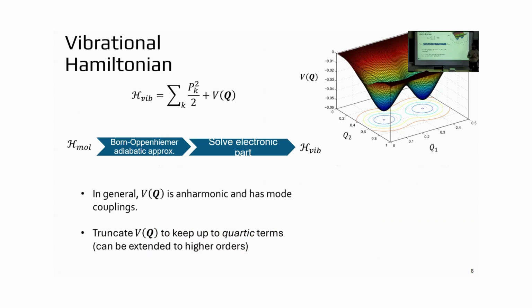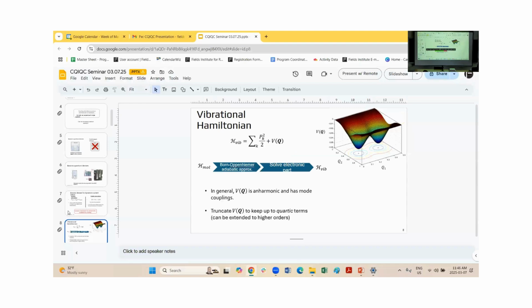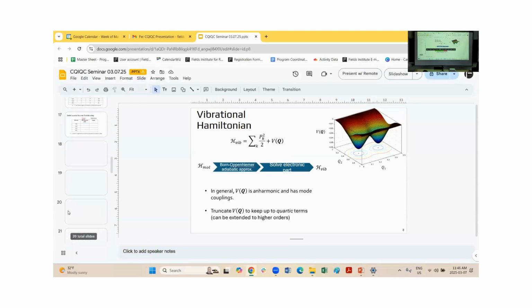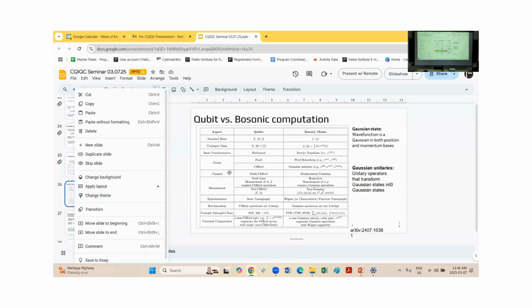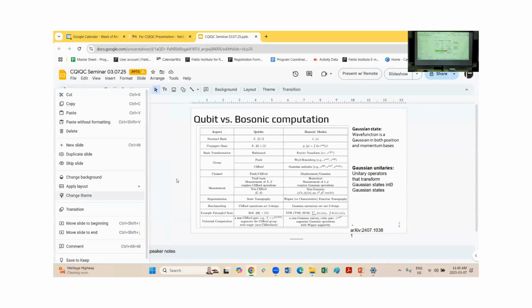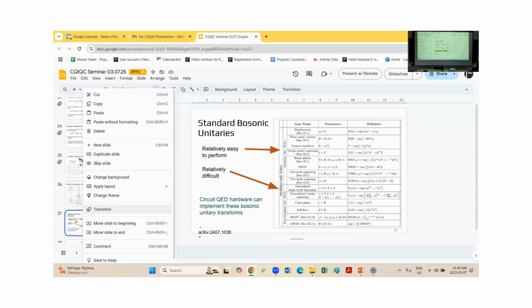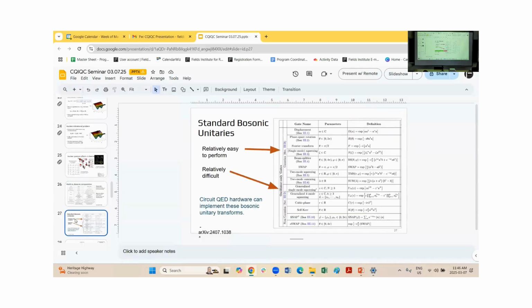Can you say a few words about the instruction set that you're assuming that you have on your bosonic quantum computer? Yes, definitely. Let me go to one of my slides here. As Nathan points out, this is actually a paper that Nathan is a part of.